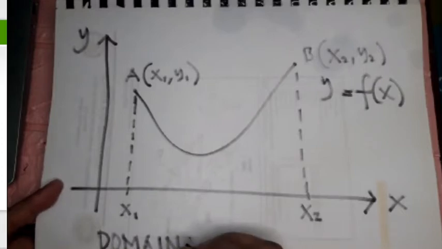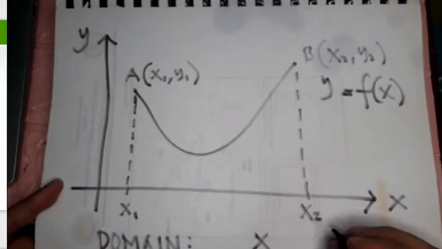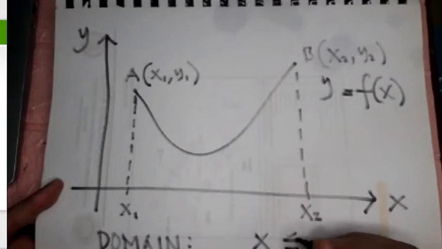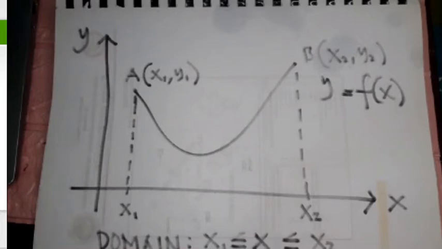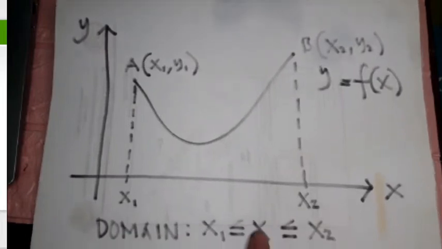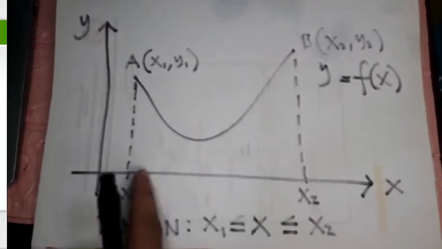How to write down the domain? So the value of x must be equal to or greater than x1 and equal to or less than x2. So our values for x must be in between all of these values of x.